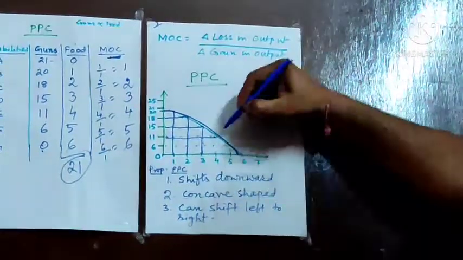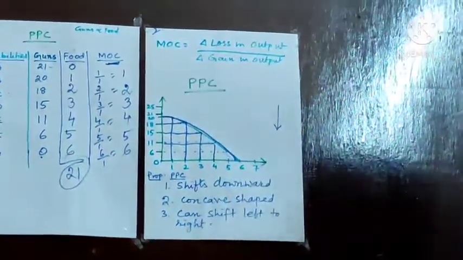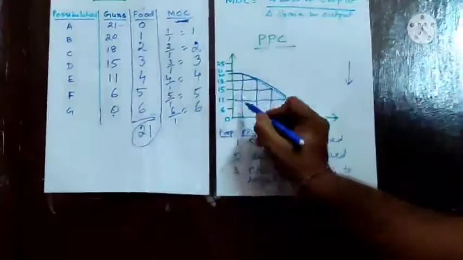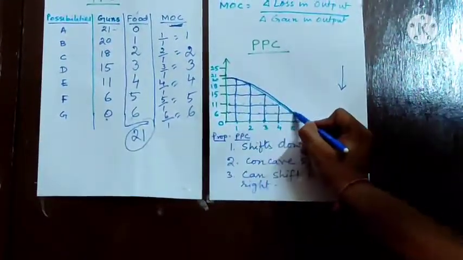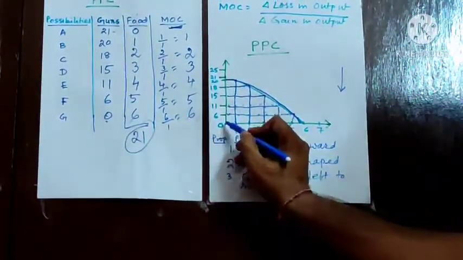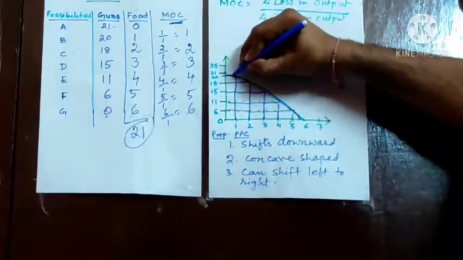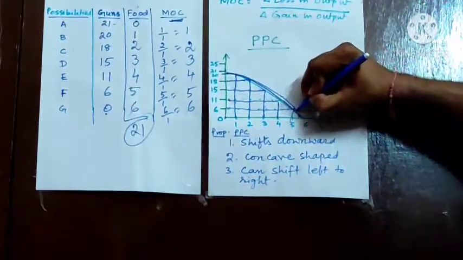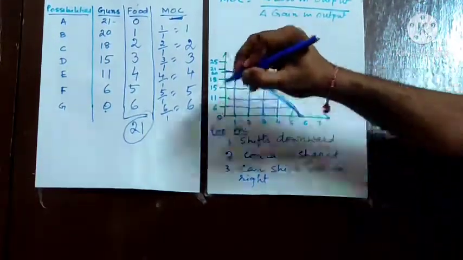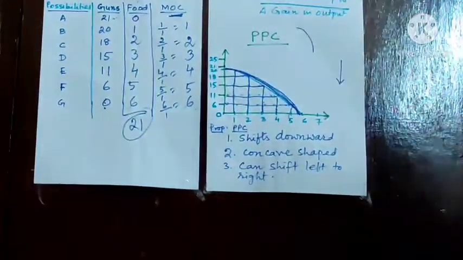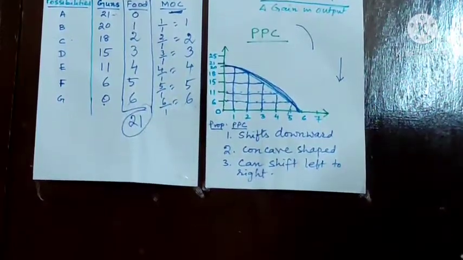I have brought this graph line and made it with the 4. 6 is related with 5 over here, and 0 is related with 6. So when I meet all the points, you can see a concave shape coming. A shape concave like this. Concave shape means it is shifting downward.